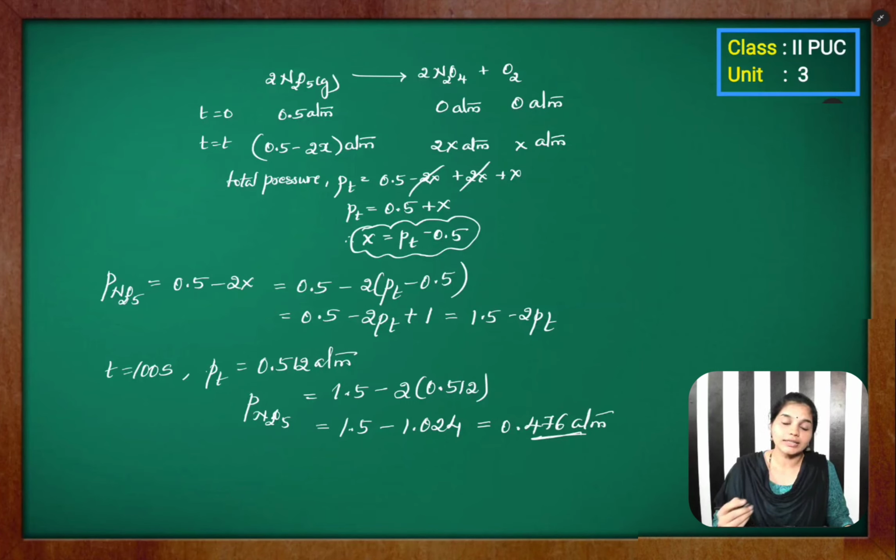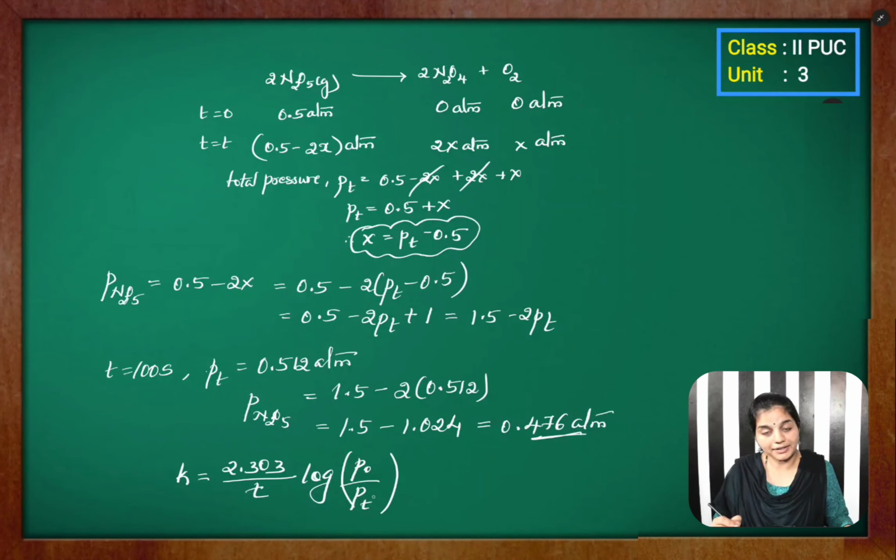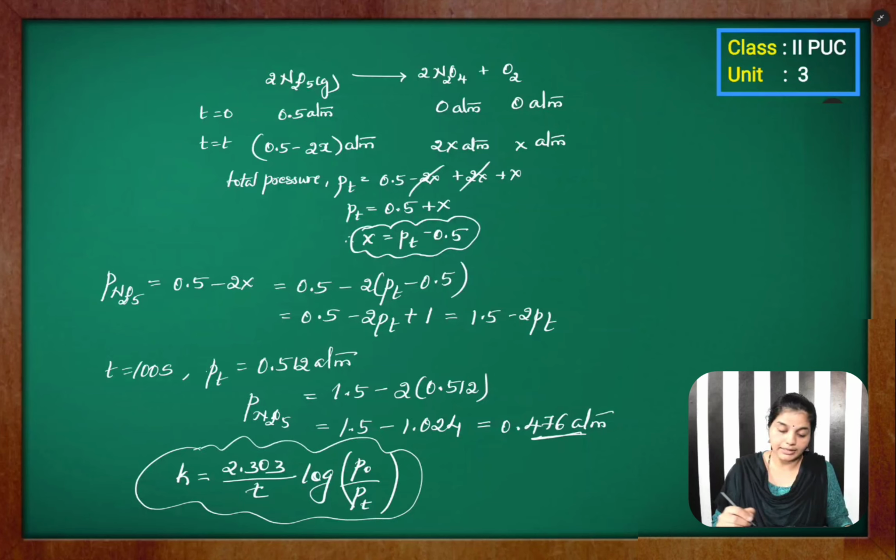Now using these pressure values, we can calculate the rate constant using the formula K is equal to 2.303 divided by t into log of P naught divided by Pt, where P naught is the initial pressure of the reactant and Pt is its pressure at time t. Let us calculate the rate constant for decomposition of N2O5.